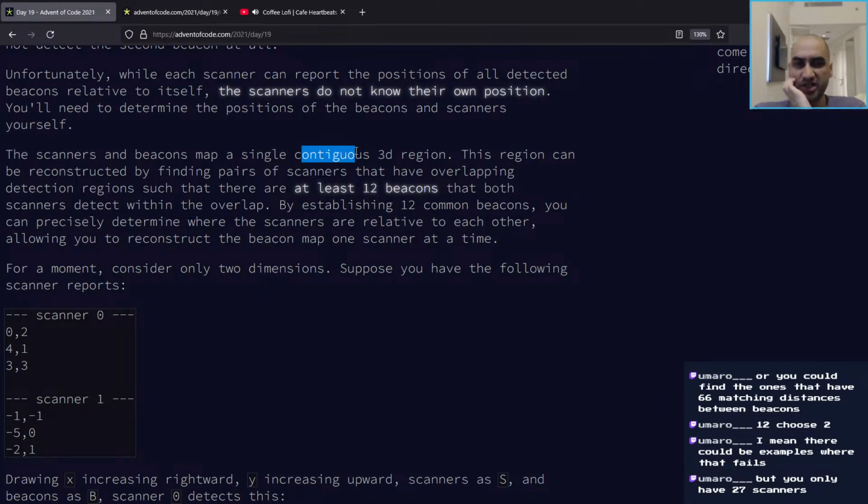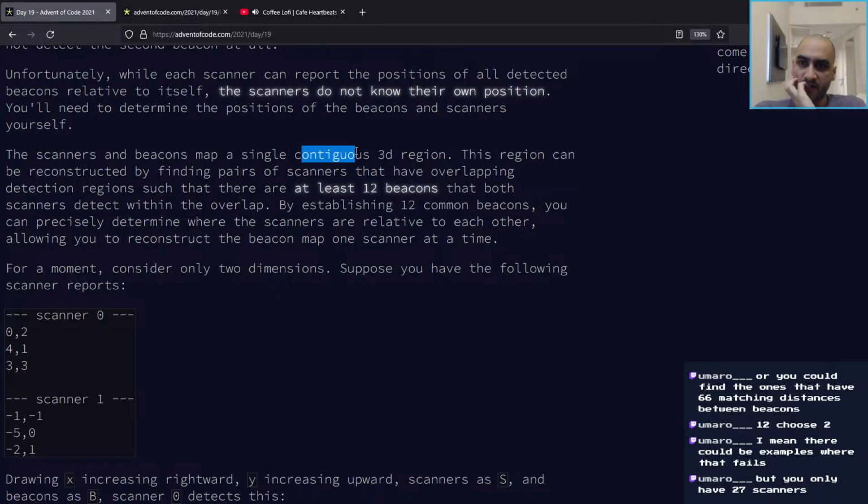But even if there are matching distances, it doesn't mean... Like, it could just be that there are a bunch of beacons that have some pattern of matching distances between them. And that exact pattern happens to be seen elsewhere. So it doesn't mean they're the same beacons, does it?